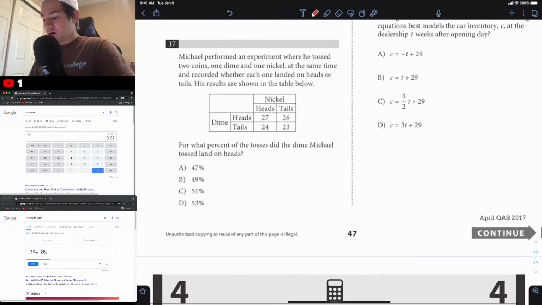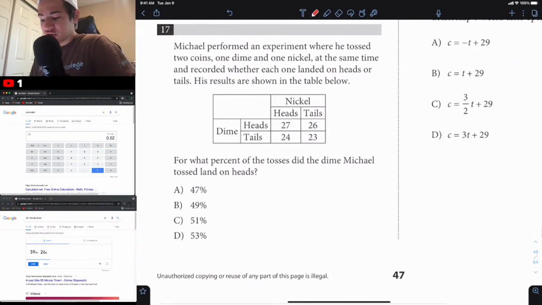All right, Michael performed an experiment where he tossed 2 coins, 1 dime and a nickel, at the same time and recorded whether each one landed on heads or tails. The results are shown in the table above. For what percentage of the tosses did the dime Michael tossed land on heads? So the dime landed on heads 27 times.